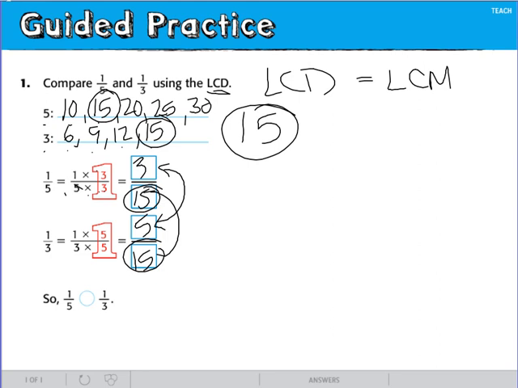What's greater, 5 or 3? 5 is greater than 3. So 1/3 is greater than 1/5, or 1/5 is less than 1/3.